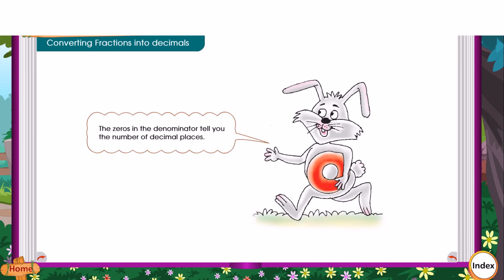The zeros in the denominator tell you the number of decimal places.